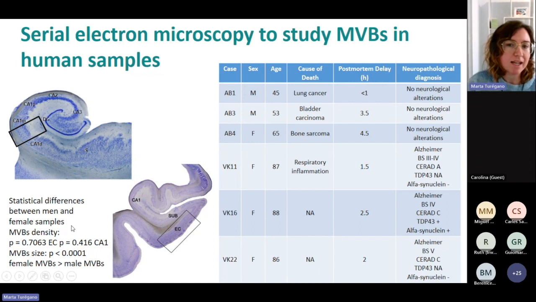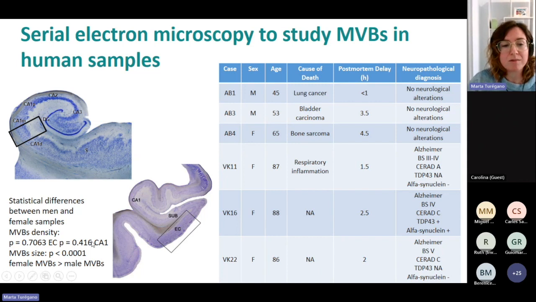For that, I checked if we have a difference between males and females, and in the density we don't have any difference, but we found that female MVBs are longer than those in samples of males.